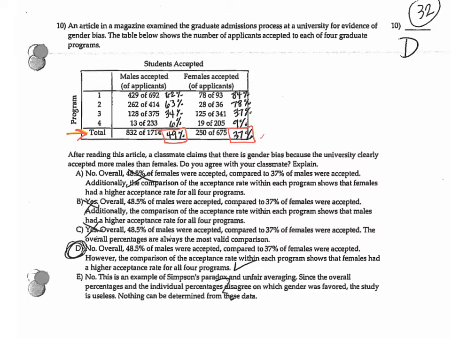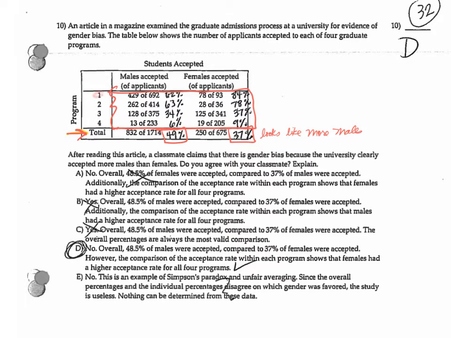So overall, it looks like more males are accepted. But we saw something similar when we did our notes, and at universities, they looked at the programs separately. So when we look at these programs separately, let's see.